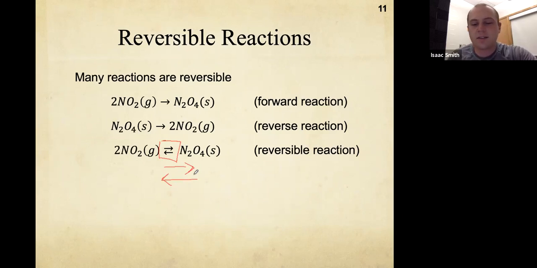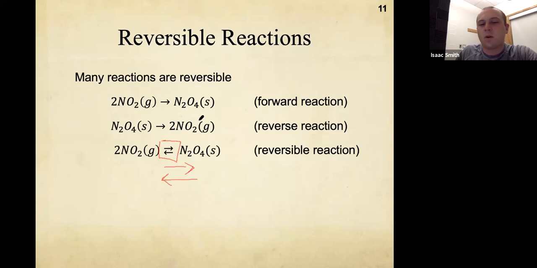We're going to talk in future lectures about how to tell which one is more prominent, right? So generally reactions are written in the way that the forward reaction is happening more. Each of these reactions has an individual reaction rate.